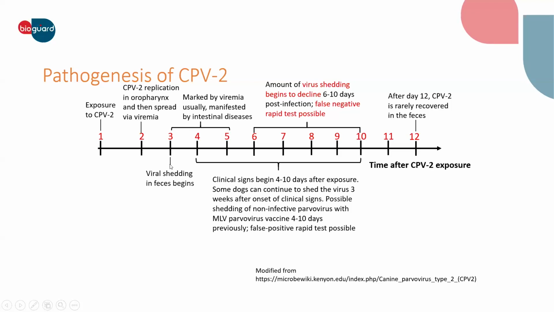Different individuals may have a different shedding. The shedding may start at a different time, but here we just use day 3 as an example. And at that time, the infected dog will usually have marked viremia, and we can also see some signs manifested by intestinal diseases.